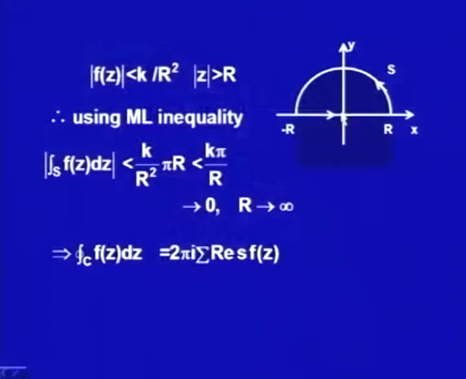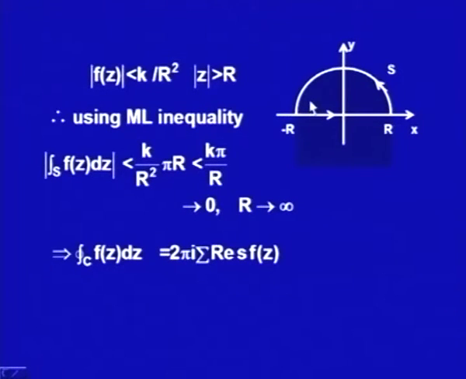Then we are saying that this improper integral we could evaluate using the residue theory, where we take a circle such that all the simple poles are lying inside the semicircle, and we would talk about only the positive y, that is, the upper half plane only.